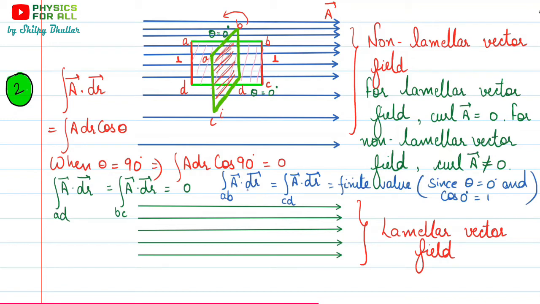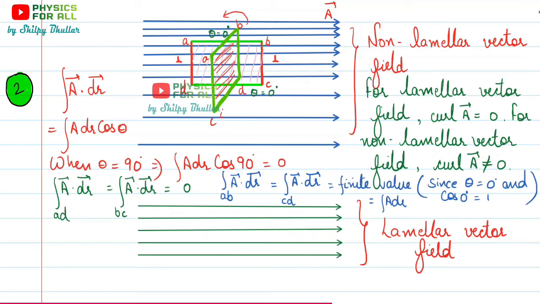So if I mention this A dot dr for side AB and for side CD, then we would get some finite value. The value could be A dr, and then definitely we would integrate it over the limits, and here A and dr both are magnitudes, right? Because theta is 0 degrees for these two sides and cos 0 degrees is 1. So here we would get some finite value.